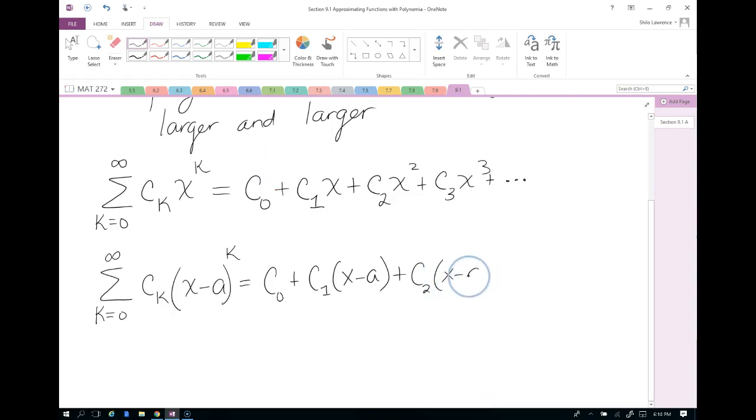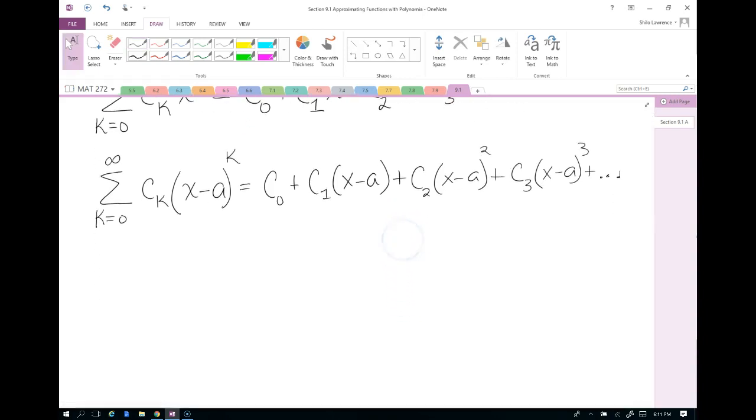Now the only difference with this one is we say it's a power series centered at a. And there are some functions that we're going to approximate that we have to center pretty close to the value that we're trying to approximate, otherwise it's not going to work.